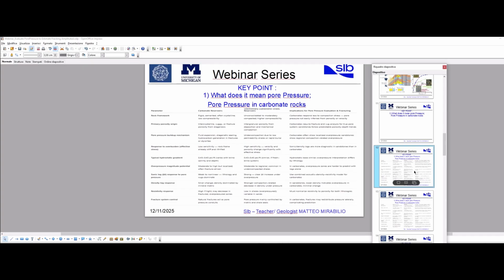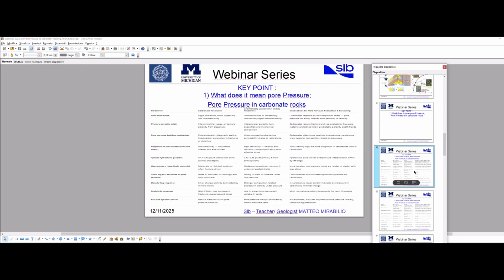The density log response: sometimes small changes, dominated by the mineral matrix, with strong correlation related to a decrease in density under pore pressure. In sandstone, lower density indicates overpressure, while in carbonate it reflects mineral change. The resistivity response: high, may decrease in fractured overpressure zones, lower in shallow zones, variable in sands.